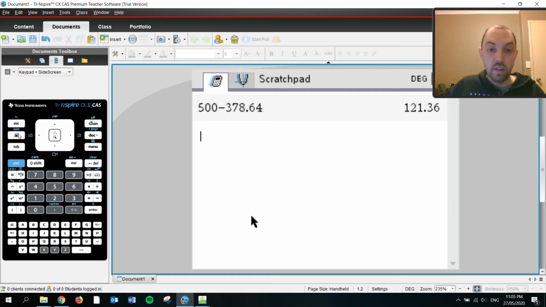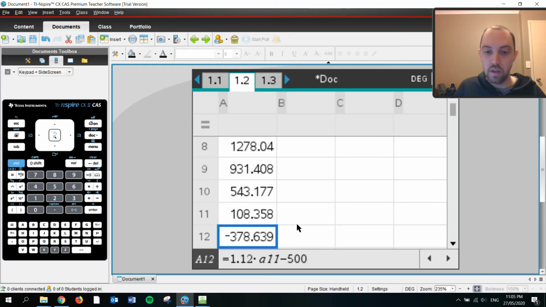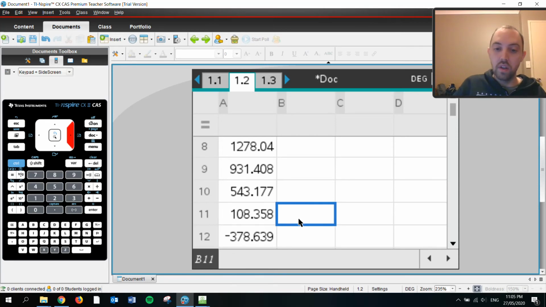Final repayment is $121.36. The other way to get that is if I was to take my answer, close the scratch pad now, the 11th year, he still owes $108. So before he finishes paying it off, he needs to pay the interest on that $108 still. So A11 times 1.12.